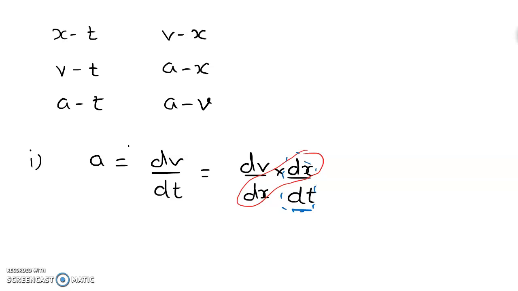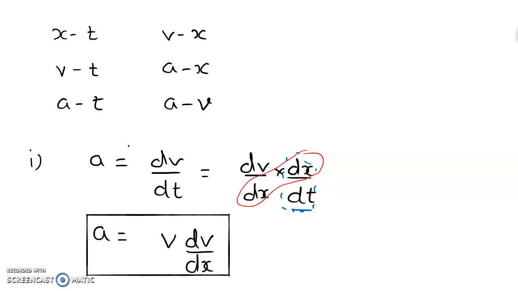So eventually I get acceleration as a function of x: a equals v into dv by dx. Can you see that? dx by dt is velocity itself, so ultimately I can write acceleration as a function of x as well. This is very important, so you should take a note of this.